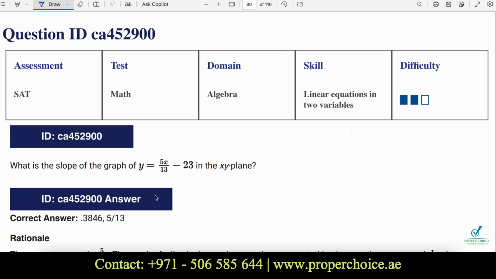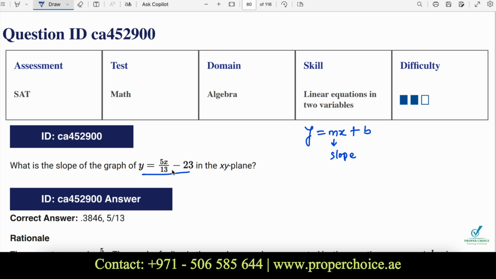What is the slope of the graph of y equals 5x by 13 minus 23 in the xy plane? If you observe carefully, this is the equation of a straight line in slope intercept form. The slope intercept form of the equation of a line is y equals mx plus b, and whatever is in front of x, that is the coefficient of x itself, we call the slope.